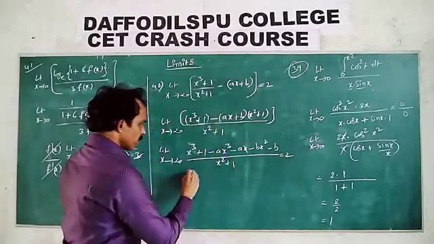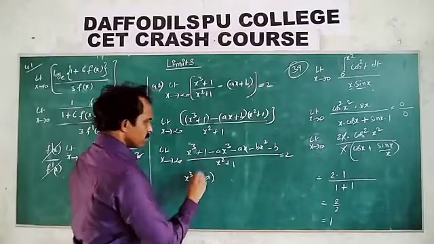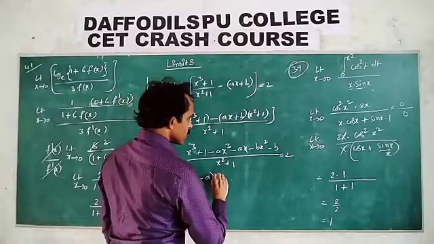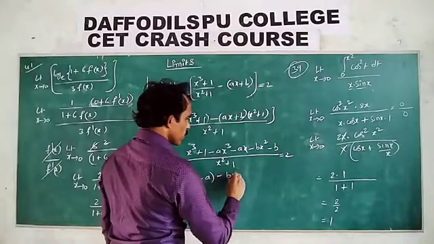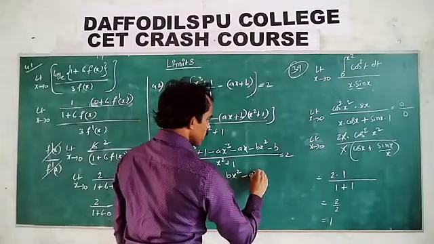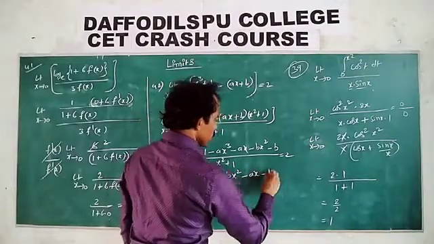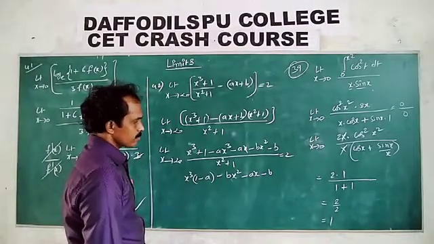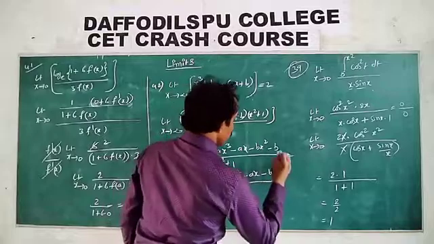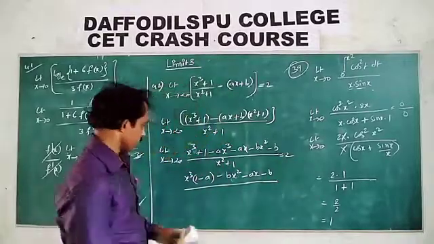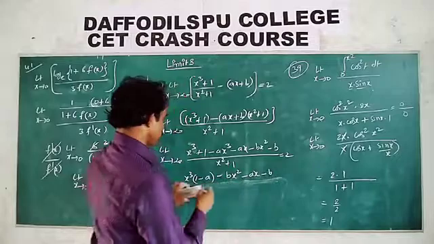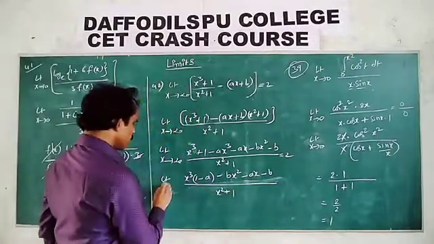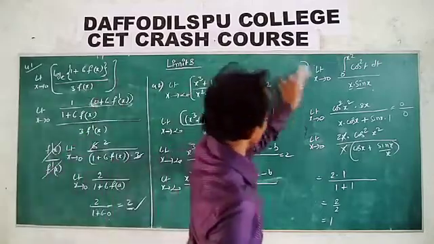Okay, taking x cube common, 1 minus a, clear? Minus bx square minus ax minus b, divided by x square plus 1, limit x tends to infinity.